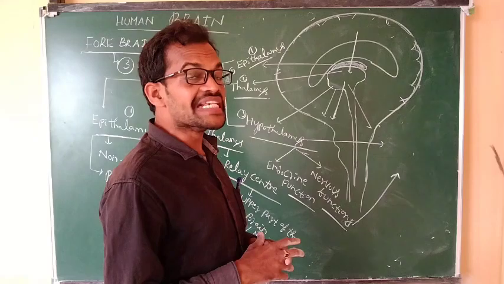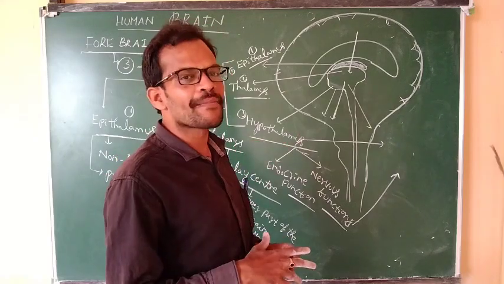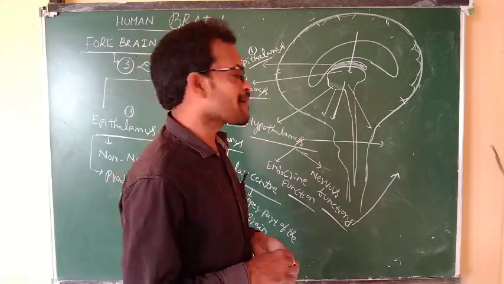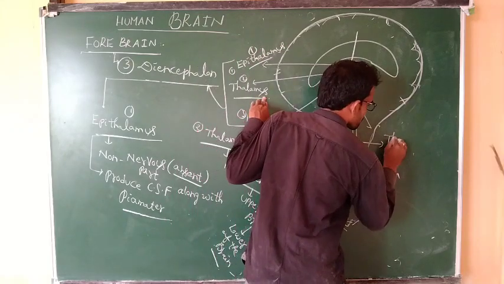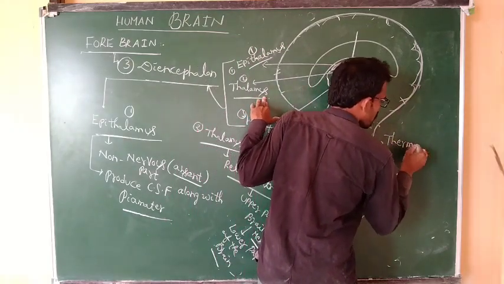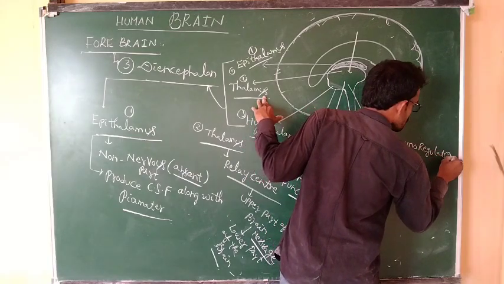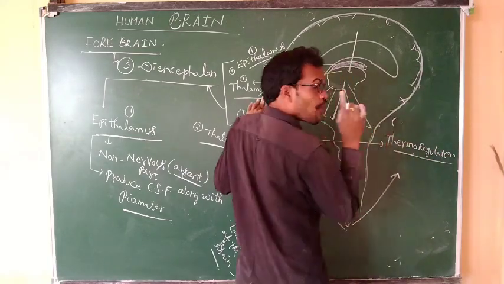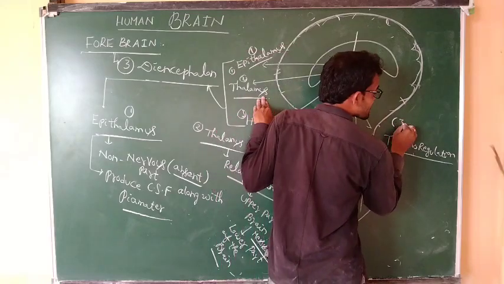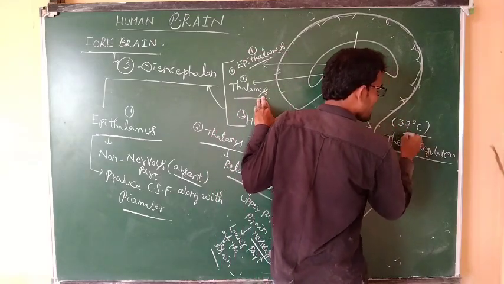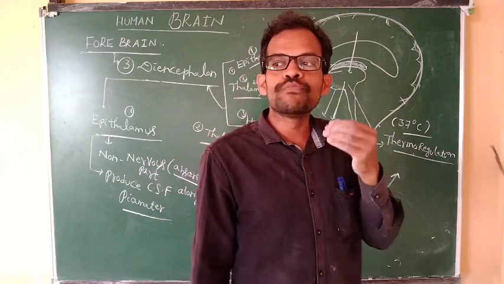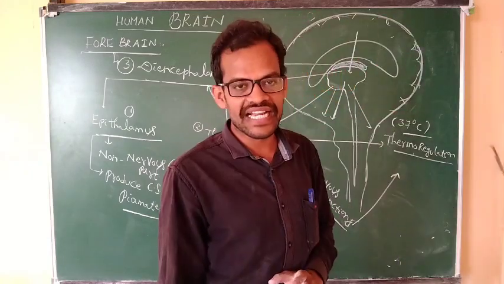Which part is responsible for maintaining body temperature? It is the hypothalamus. Thermoregulation means maintaining our body temperature at 37 degrees centigrade.